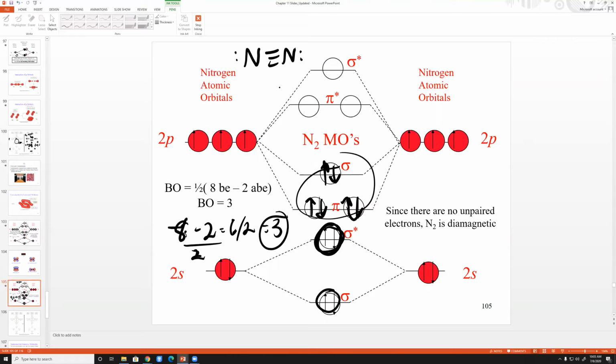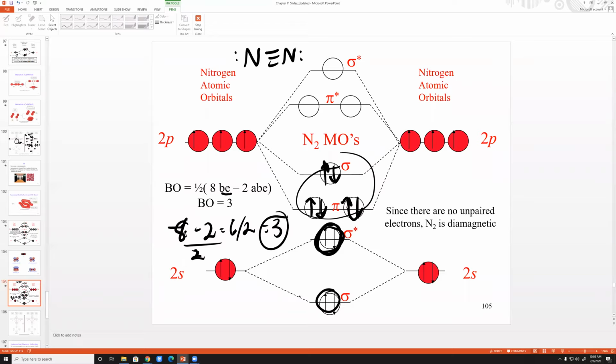So what exactly are you adding up? BE stands for bonding electrons, the ones without the star: 2, 4, 6, 8, minus the ones with the star, and there's only 2. So bonding minus anti-bonding, divided by 2. Does that make sense?